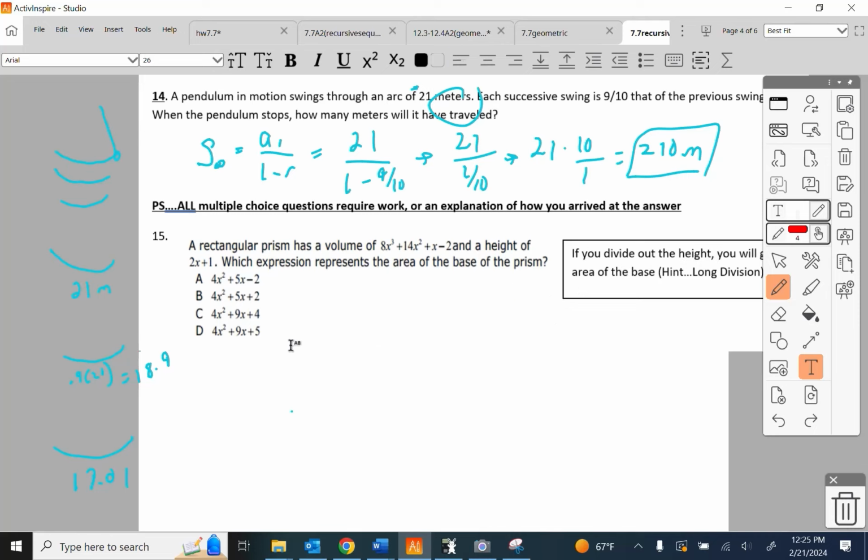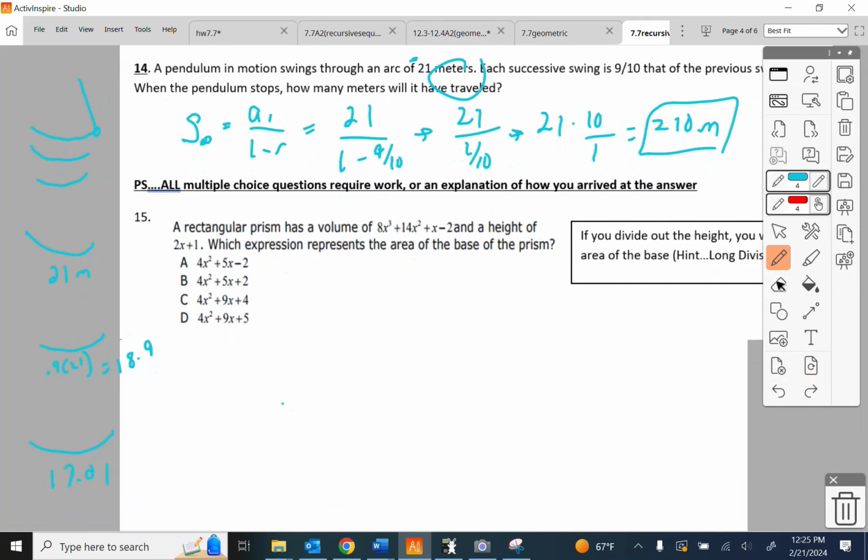So anyways, we're going to do some long division. You could actually do synthetic division, but we're going to do some long division. It ain't going to be fun. I know they're all going to have a 4x. We'll have to go all the way to the end too because of how they differ.